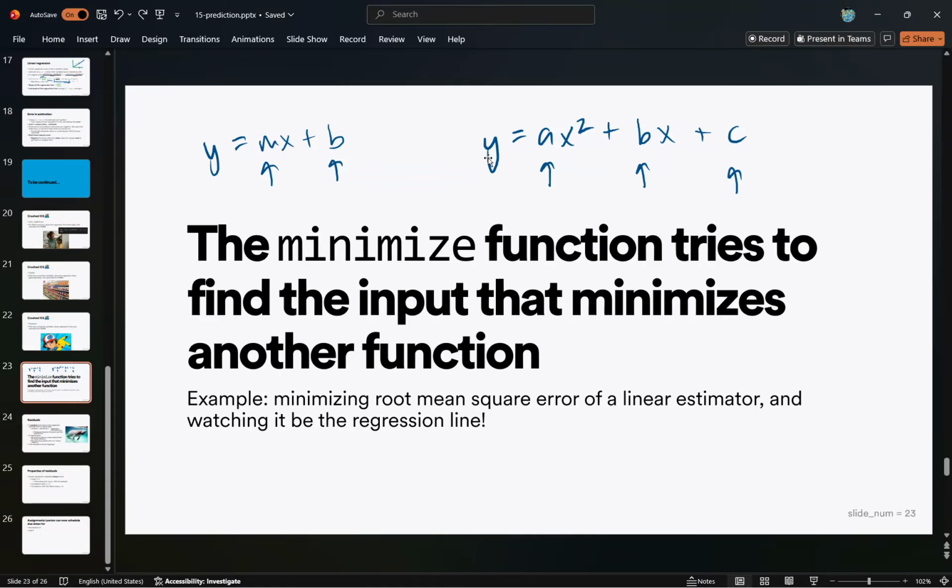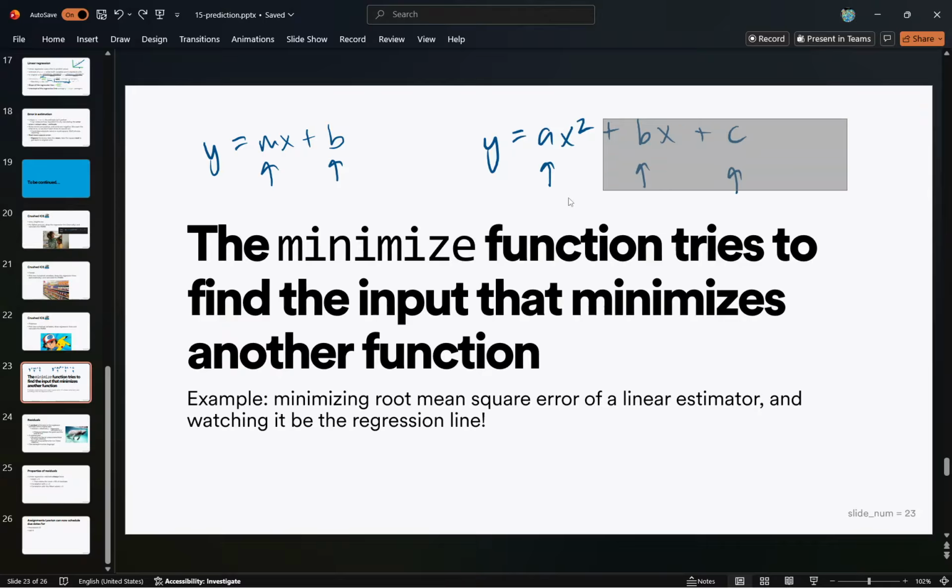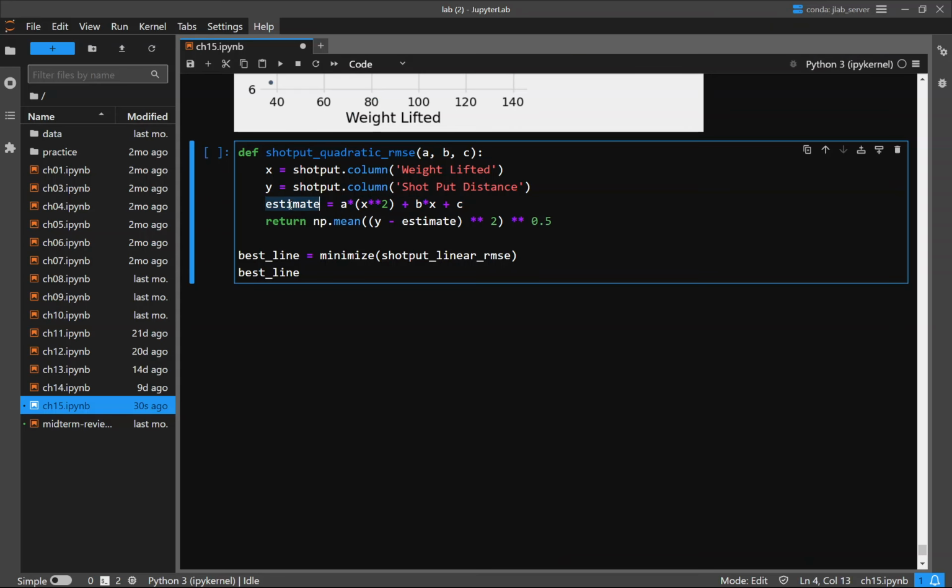Give me an a, b, and c, and I will use the quadratic function that these define to produce an estimate. So my estimate now is ax squared plus bx plus c. Does that make sense? So take the x values, use a, b, and c like this to predict y values. Those are my estimates.